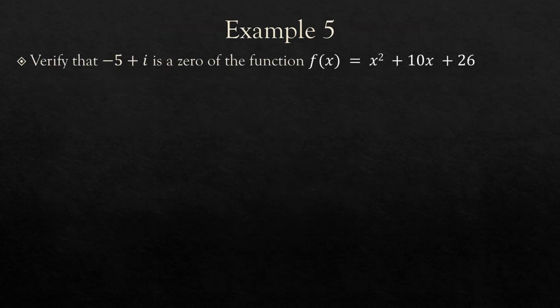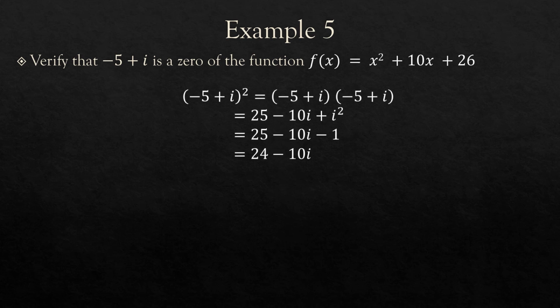So as our final example, we're going to verify our answer from example 2. So we want to verify that negative 5 plus i is indeed a zero of the function f of x is equal to x squared plus 10x plus 26. I find it a little bit easier to compute each term separately and then to add them up. So that's what we're going to do.